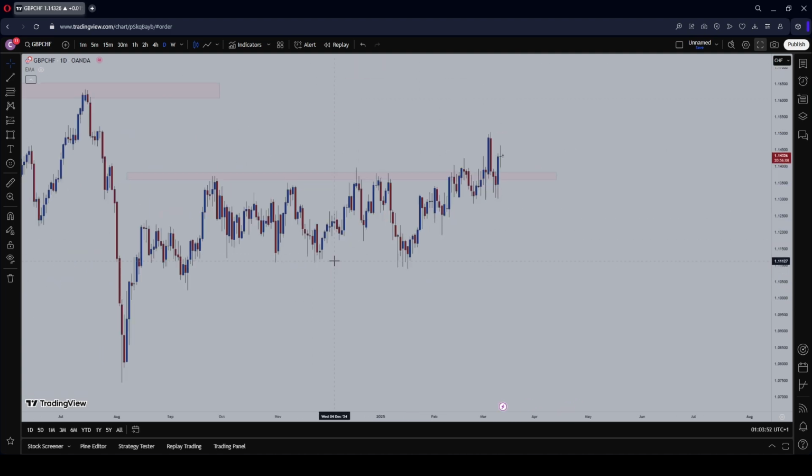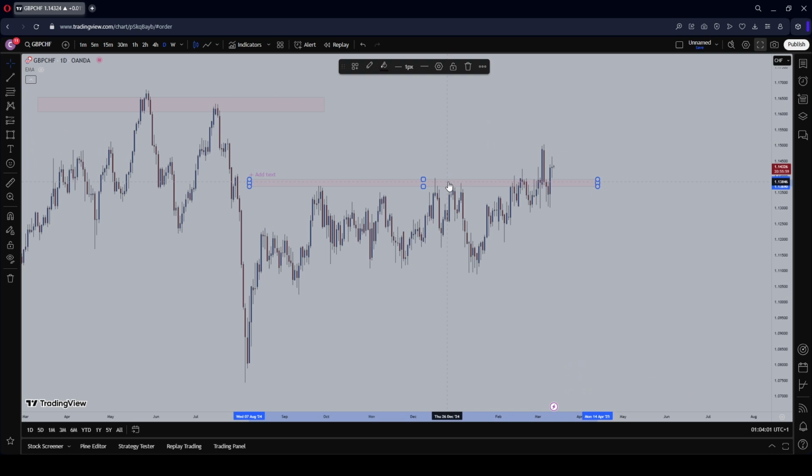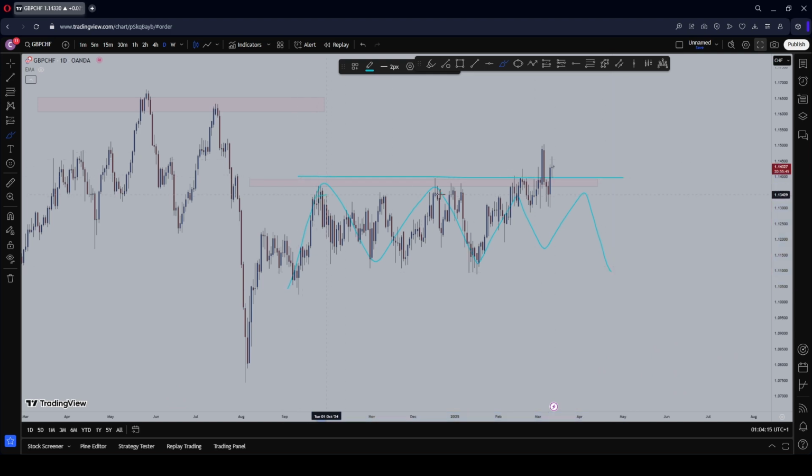So when price was resisting this key level, we were monitoring it. Then when price broke above it, I became very interested. Why? If price has been forming all this and it has not broken, that means this point here is strong.